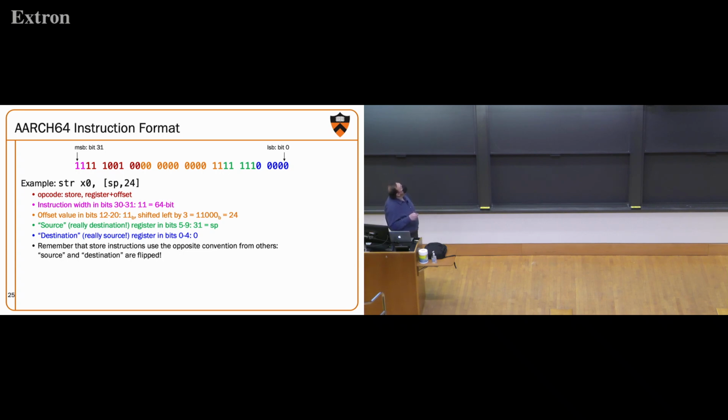So we take the stack pointer, we add 12, including this implicit shift. The implicit shift here depends on the width. So this is a 64-bit, so the implicit shift is by 3 bits. We add those together, look up in memory at that address, stuff the result back in register x0.